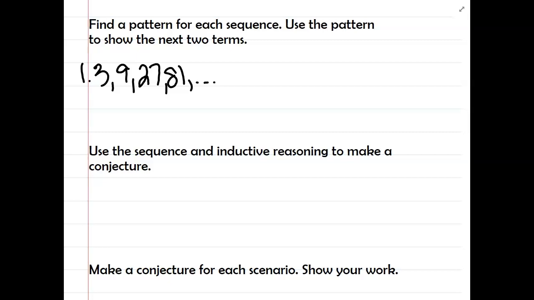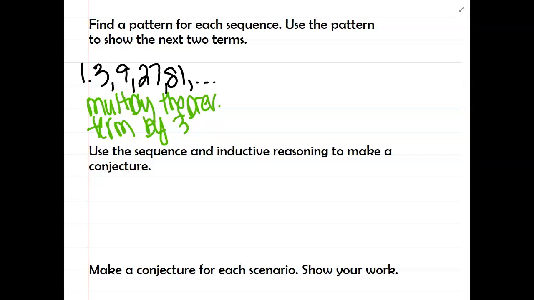So from 3 to 9, 9 to 27, 27 to 81, multiply by 3. So if we want to be super specific, we could say multiply the previous term by 3.